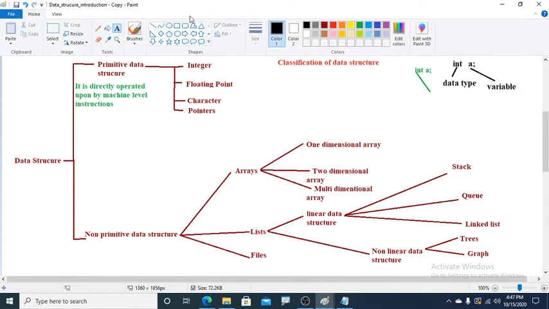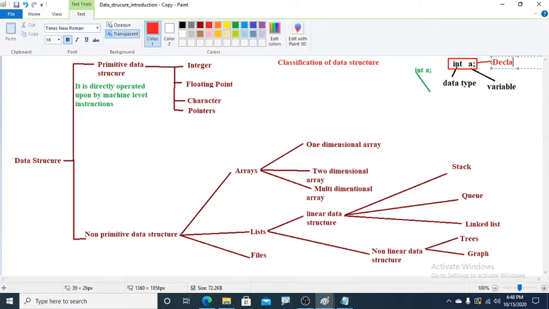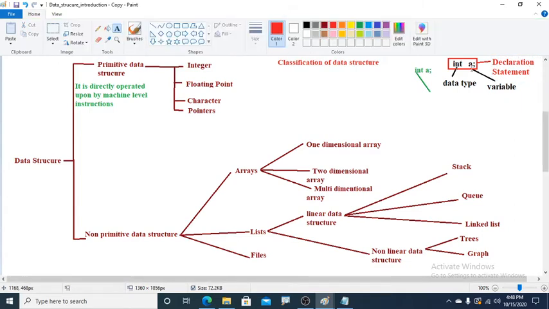Whenever I declare a variable, declaration means here we have given the variable the name a, and we are declaring it as integer.